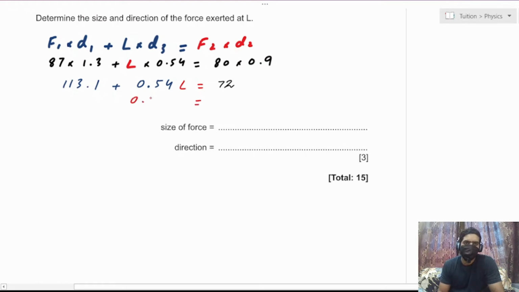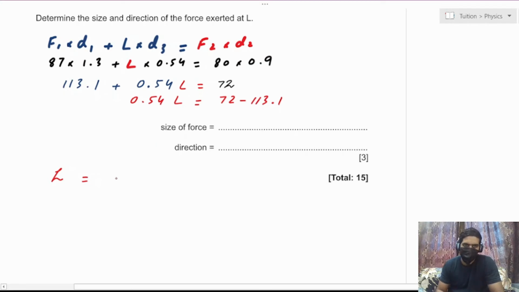So 0.54 L equals 72 minus 113.1. And then we can say L equals 72 minus 113.1.